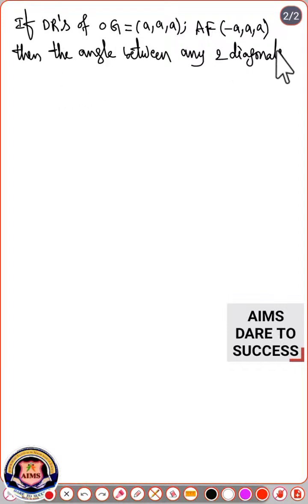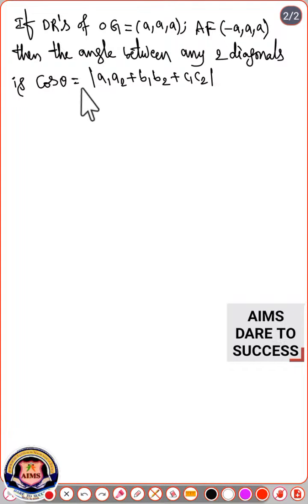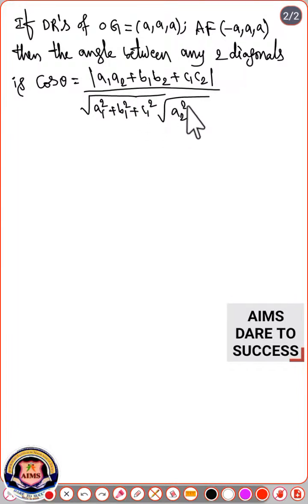So then the angle between any two diagonals is, I am writing the formula: cos theta is equal to mod of A1 A2 plus B1 B2 plus C1 C2, whole divided by under root A1 square plus B1 square plus C1 square into under root A2 square plus B2 square plus C2 square.